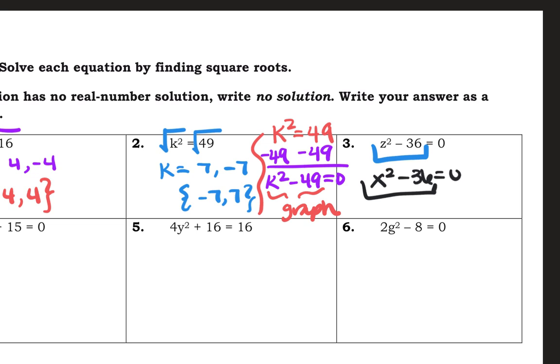All right, and if you notice, they should be the same numbers because that variable was squared. So this is -1, -2, -3, -4, -5, -6. So then this one should be +6. 1, 2, 3, 4, 5, 6. So -6, +6.